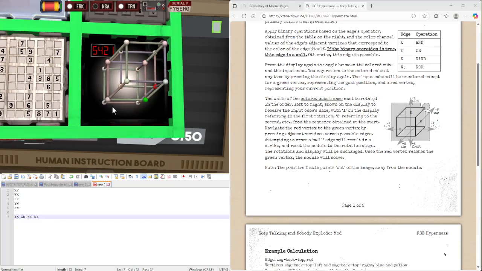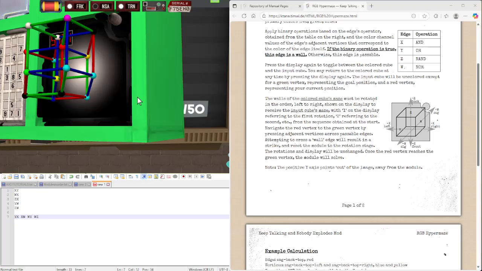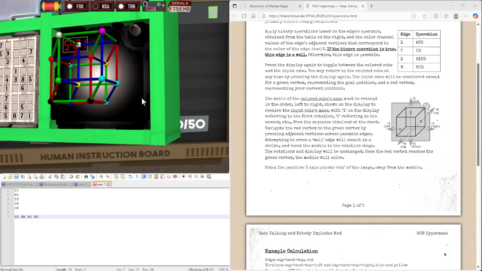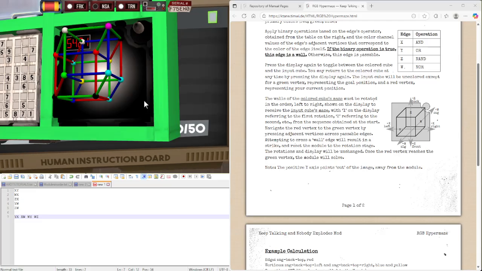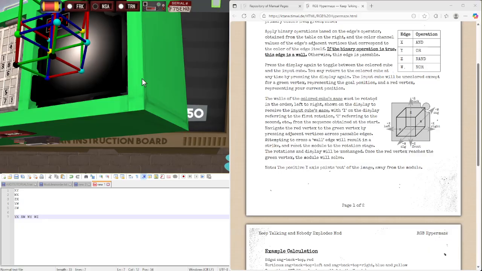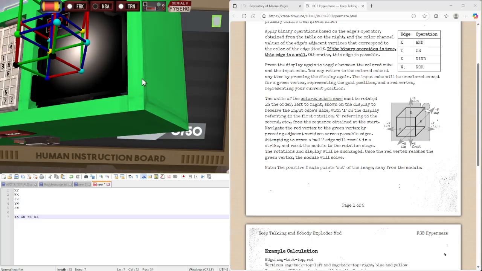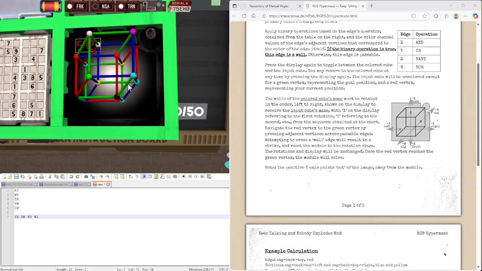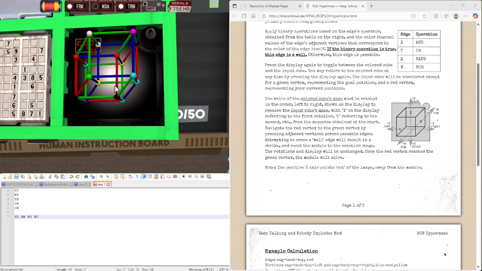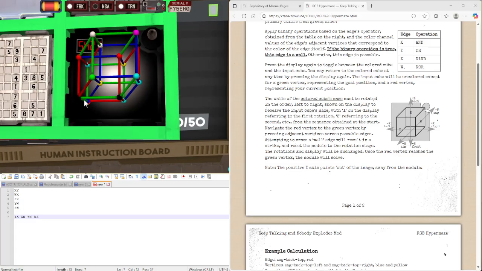We go up instead. This is Y, positive Y going to positive X. The positive Y going to positive X is going to be here. XW, positive X going to positive W is down here.